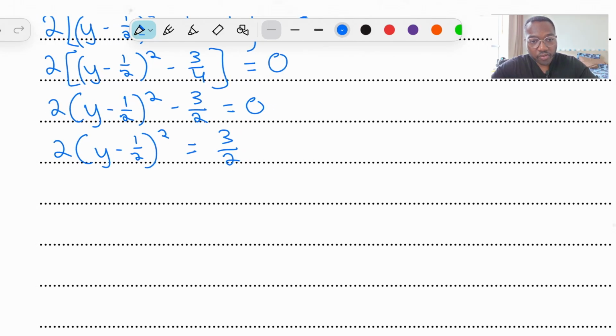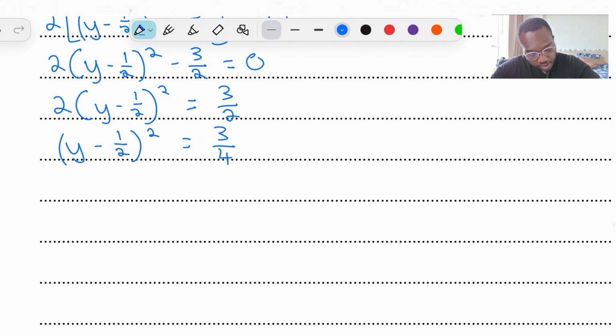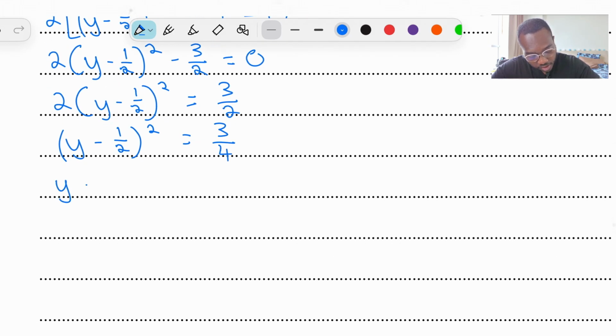And then if we just divide both sides by 2, or effectively multiply by 1/2, we get y minus a half squared is equal to 3/2 times a half, which is 3/4, okay? And now we can square root both sides, so we get y minus a half is equal to plus or minus the square root of 3/4, which is actually just plus or minus root 3 over 2.